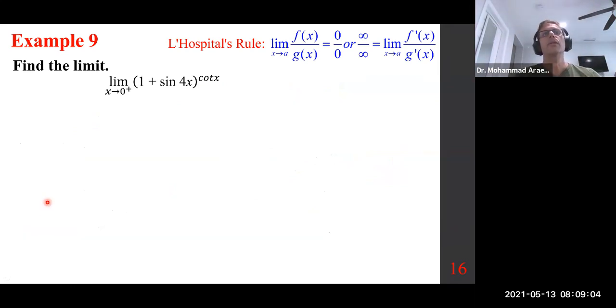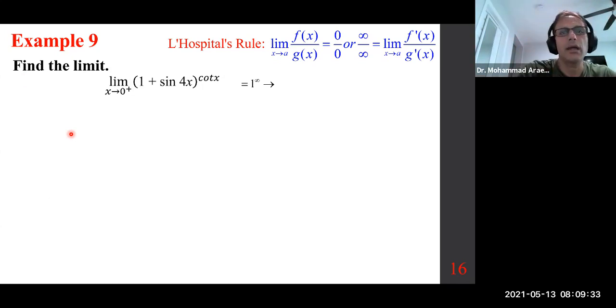In this case, if we plug in, we get 1 to the power of infinity, because sine is 0 and cotangent goes to positive infinity. I hope you remember the graph looks almost like y equals negative x cubed, starting with x equals 0. So we can use L'Hopital's rule in the following manner.